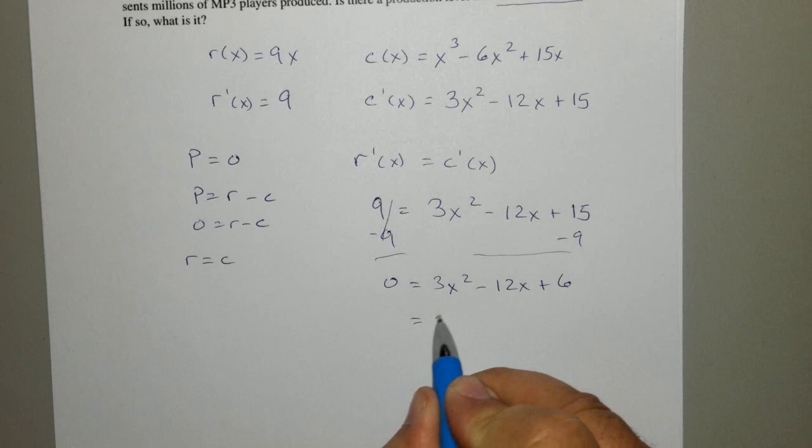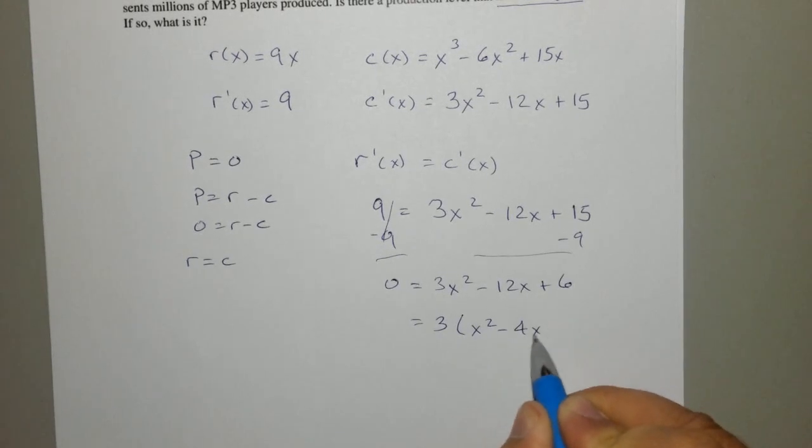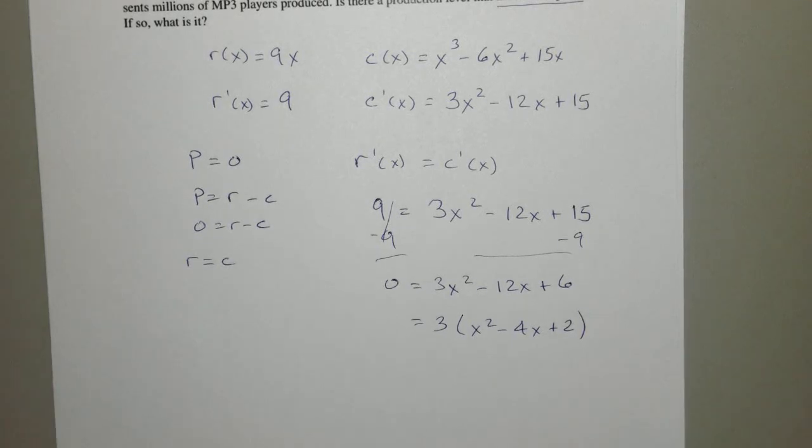We can factor out a 3. Unfortunately, we can't just factor it straight out. We're going to have to use the quadratic formula.